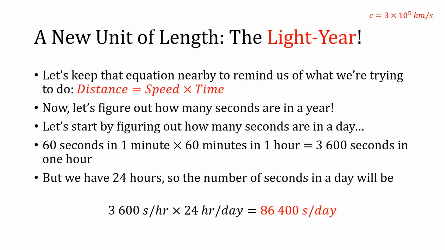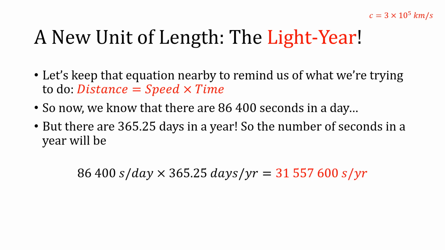So our next step is to figure out how many seconds there are in a year. And to do that, we will use how many days there are in a year and multiply it by the number of seconds in a day. So we've got 86,400 seconds in a day, and we know that there are 365 and a quarter days in a year, right? This accounts for leap days and such. So it's not exactly that, but it's close enough for what we're trying to do.